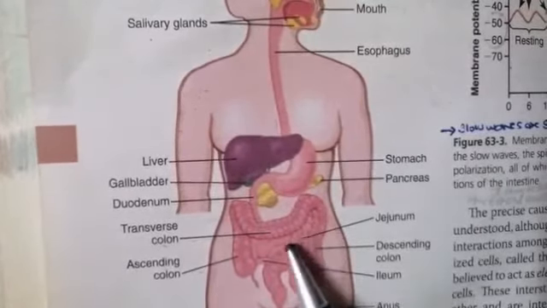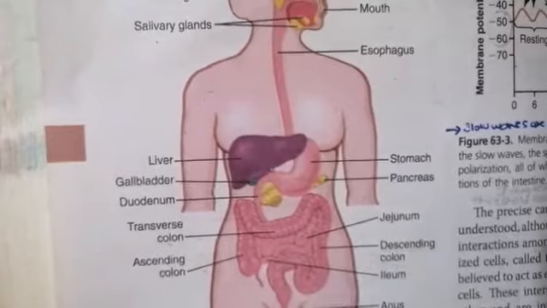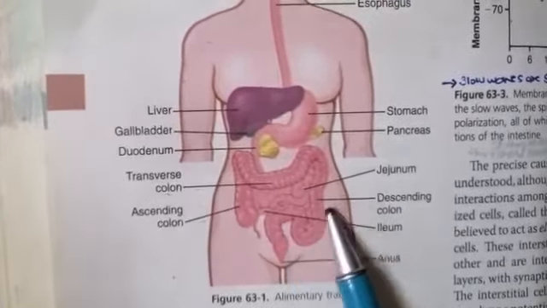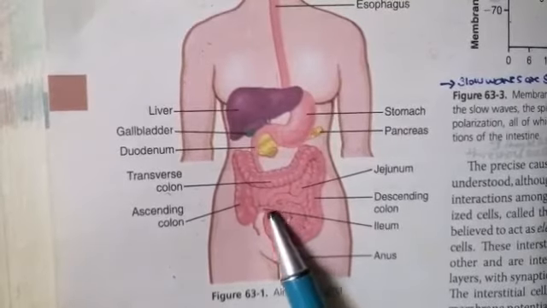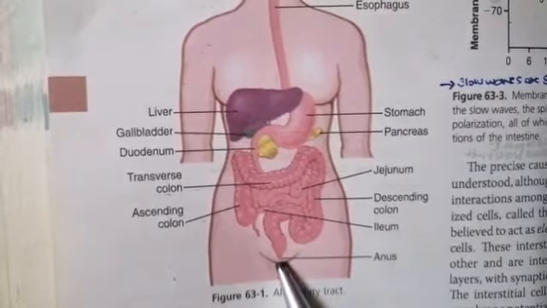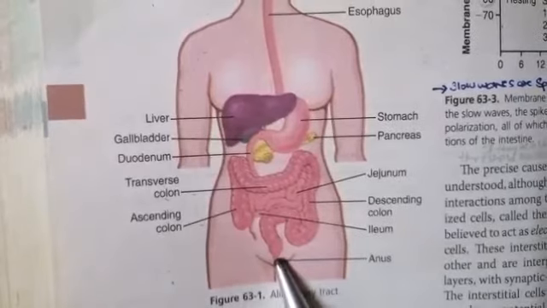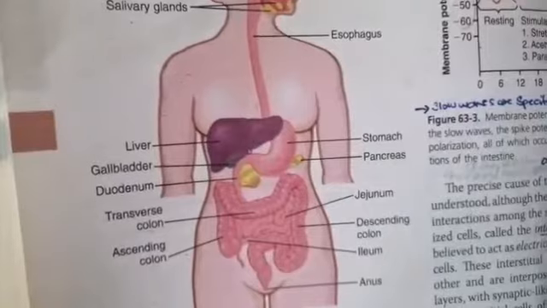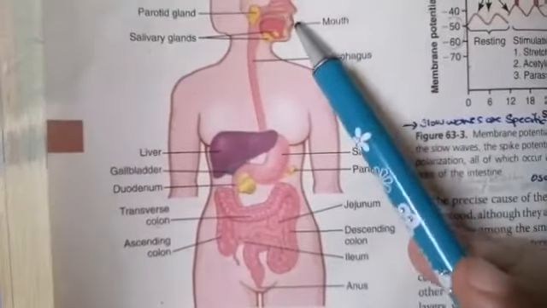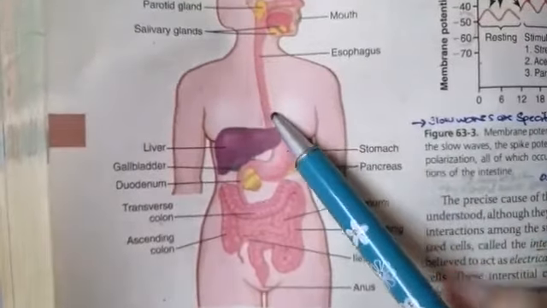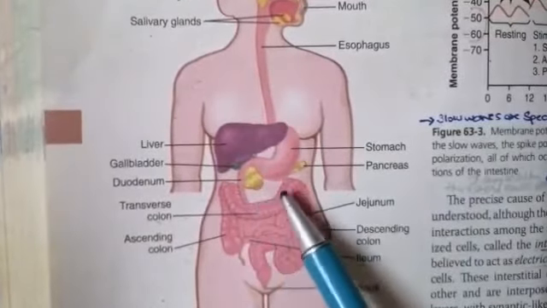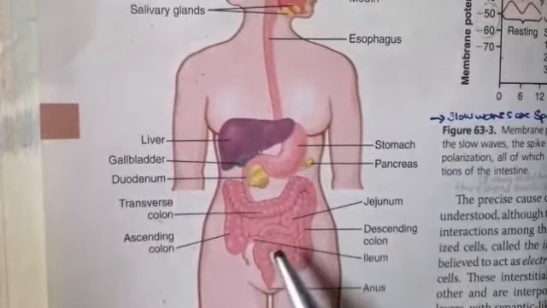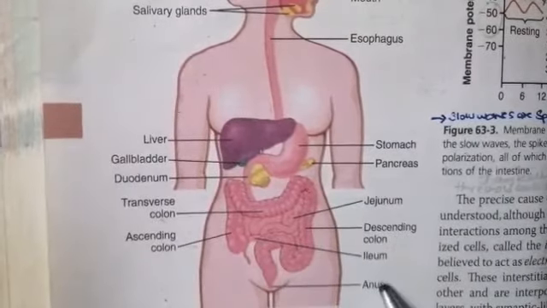The small intestine continues into the large intestine, which again has three parts: the ascending colon, the transverse colon and the descending colon, followed by the rectum and the anal canal, which is the last part of the alimentary tract. So here you can see the whole pathway of the alimentary tract. The food that enters through the mouth passes along, with physiological function and secretion from all the organs of the GIT tract that we have discussed, and then there is excretion through the anus.